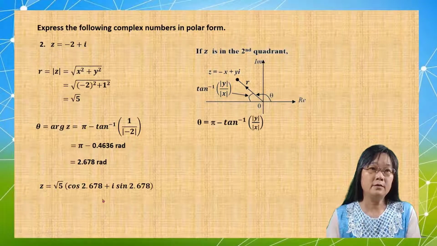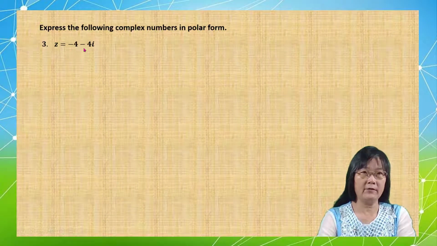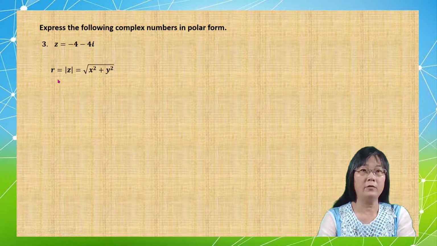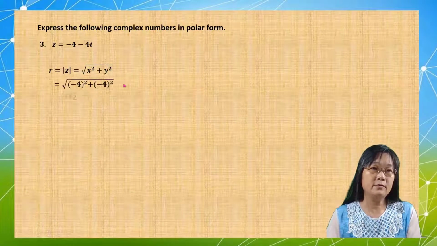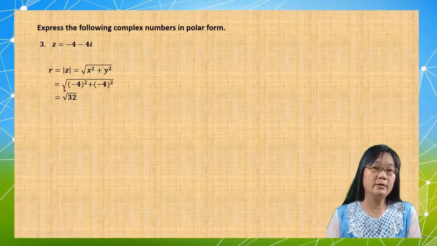So therefore, the polar form is this one. Then for z equals -4 minus 4i, for modulus, x is -4, y is -4. So when I sub into the formula, I find that the modulus is square root of 32.